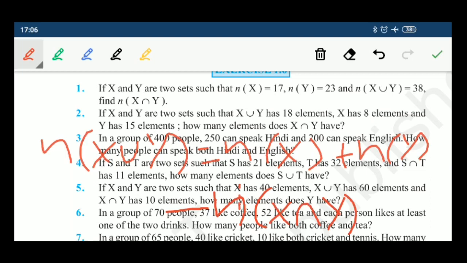Just put in the values of n(x), n(y) and the union of x and y. After substituting the values, you will get the answer to this question.